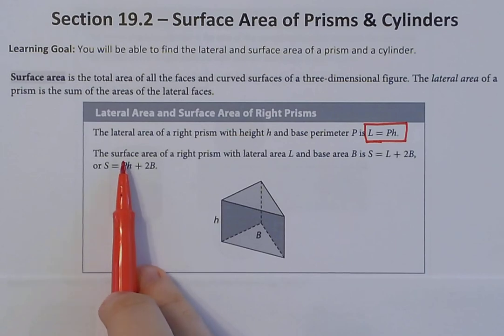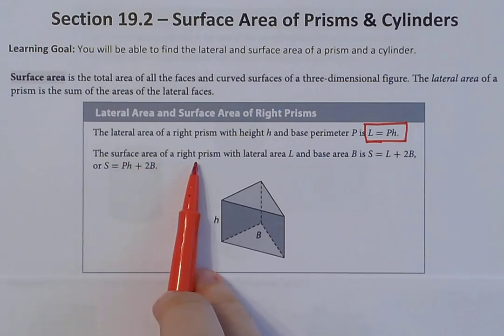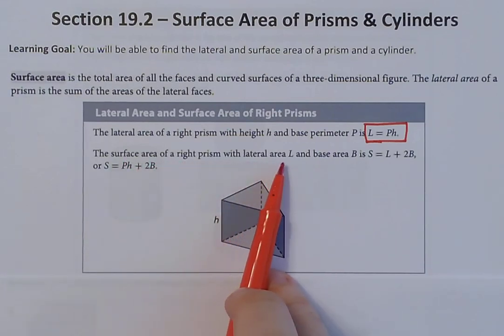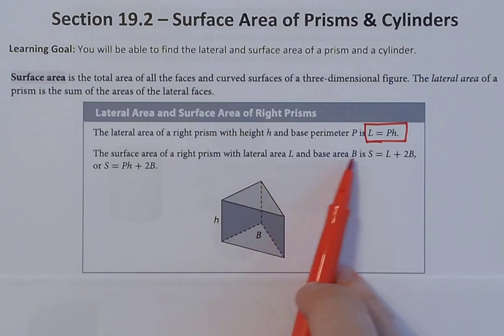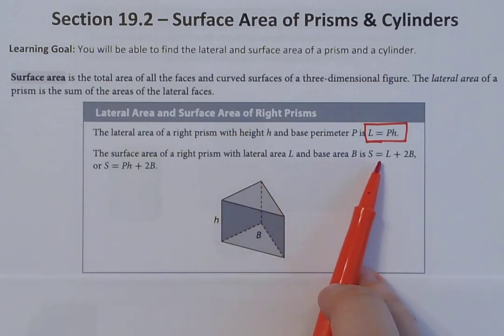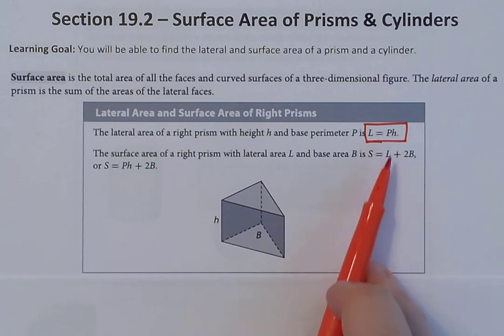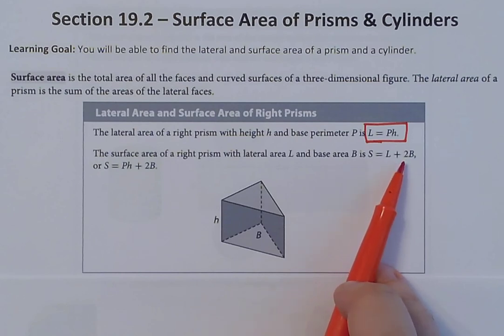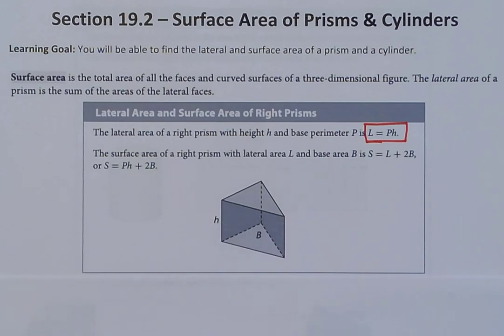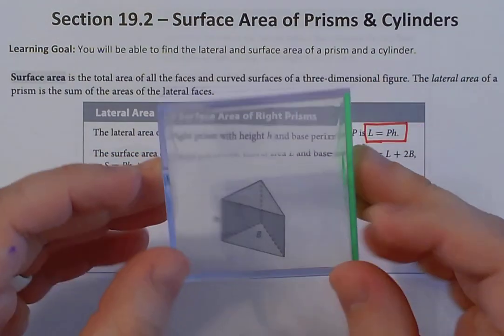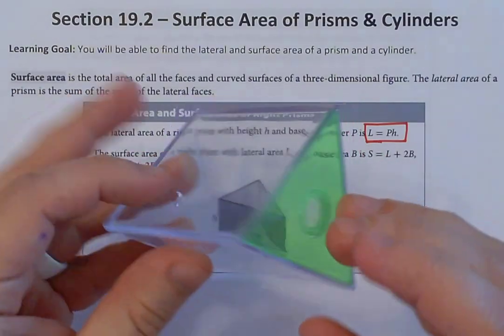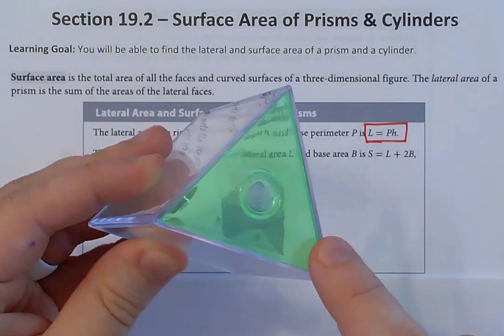Now, the surface area of a prism with lateral area L and base area B is S equals L plus 2B. What that means is you're going to take your lateral area and add it to the area of the base times 2. Once you have figured out your lateral area, the area of the sides of your prism, you're going to find the area of your base.